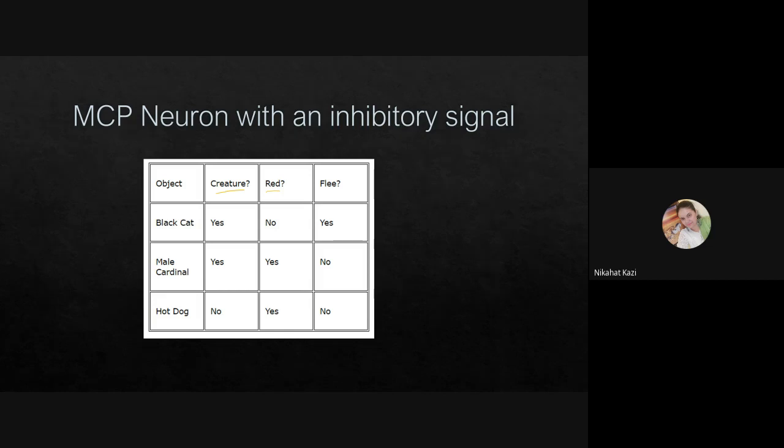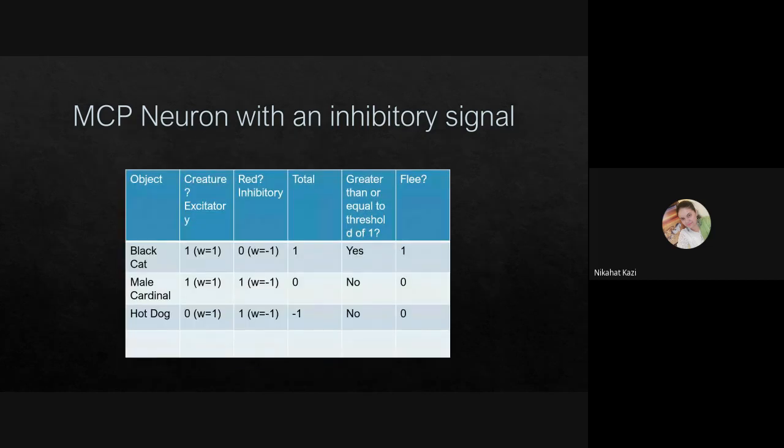The solution provided by McCulloch-Pitts was in the form of what are called weights. So instead of having only the binary input values 1 and 0, we also add one more element to our model, and that element is called weights. Now, what is peculiar about the weights in the McCulloch-Pitts neuron model?